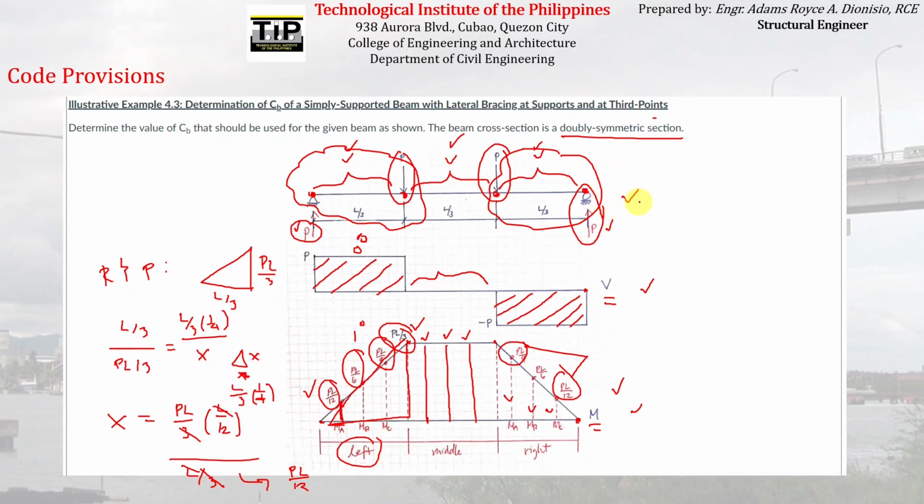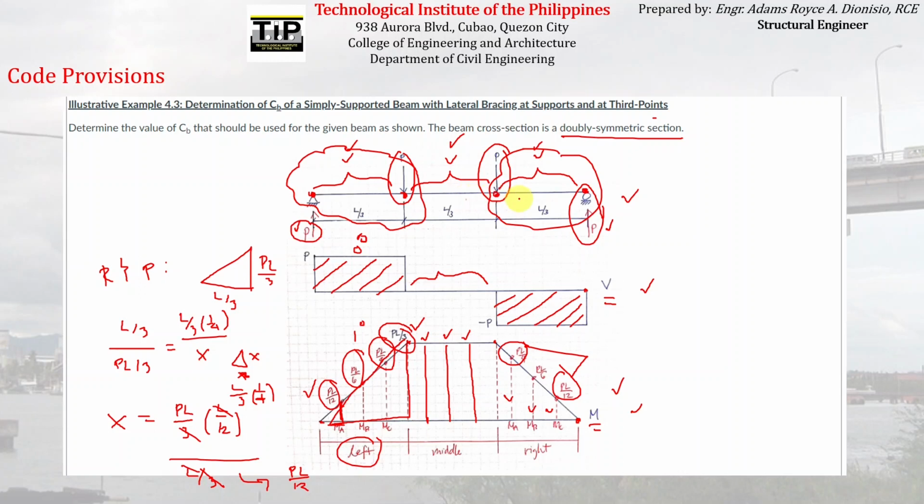So again, we can conclude that the moment capacity of a beam is actually higher on the portion near the support than on the midspan.